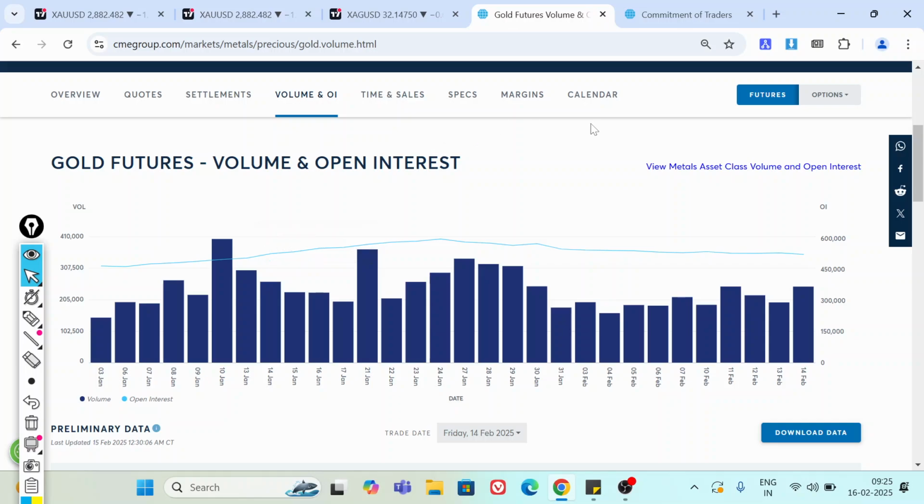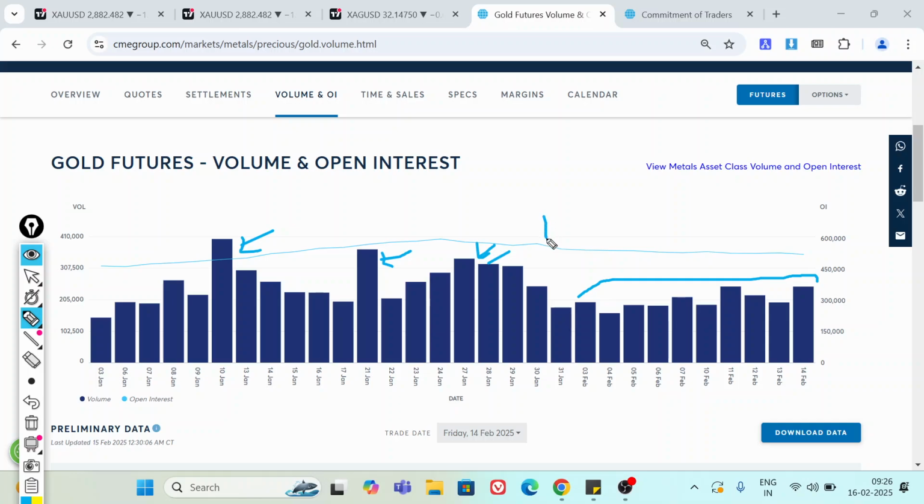Also, if we check the latest gold futures volume and open interest for this week's closing, you can see these are the volume bars. In January we have seen a decent volume build-up and volume spikes, but in February we have seen flat volume, not much bigger compared to the previous month.